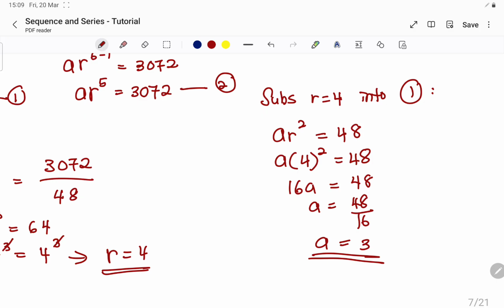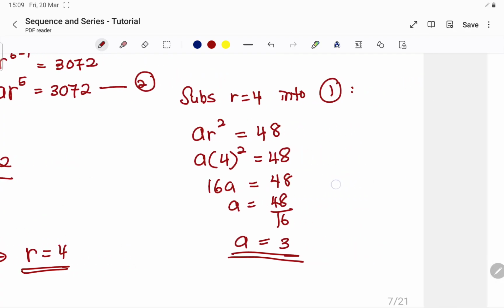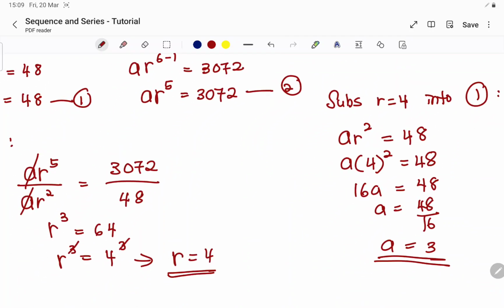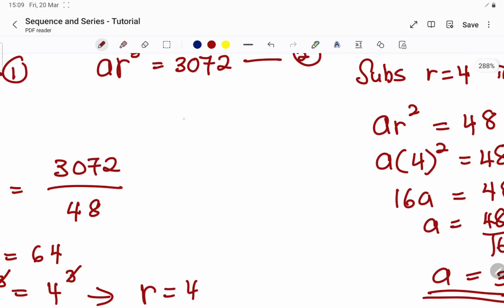So that's it for question 5. Now the next one, what they want is they want you to find the value of A4. So I put here, A4 is equal to A R to the power of 4 minus 1.